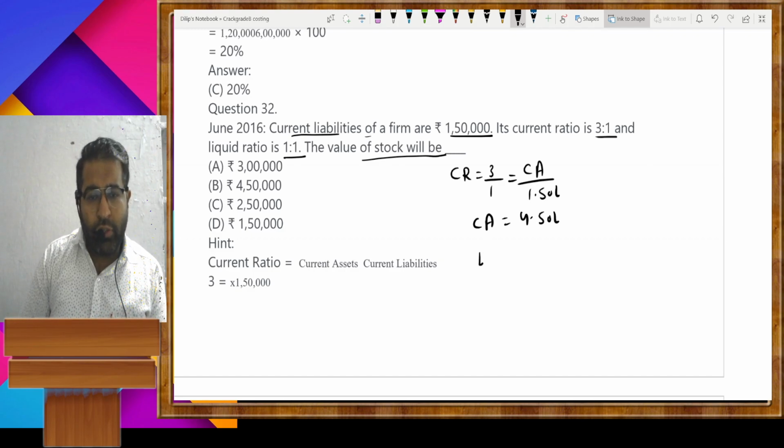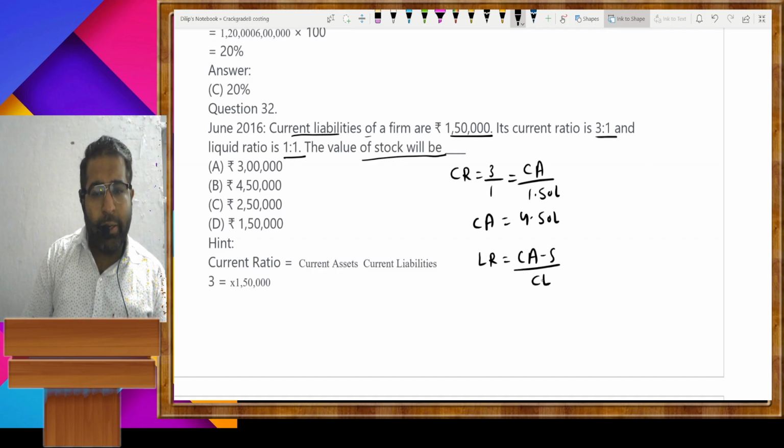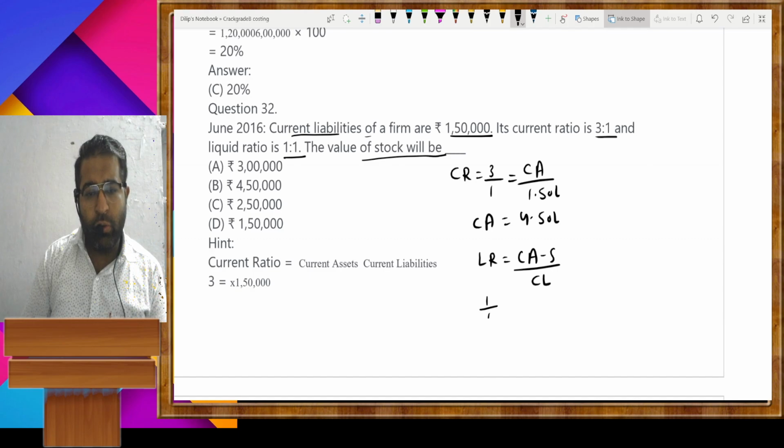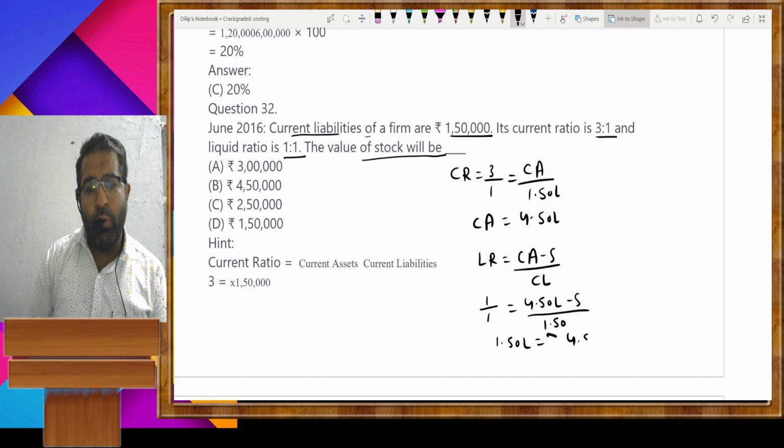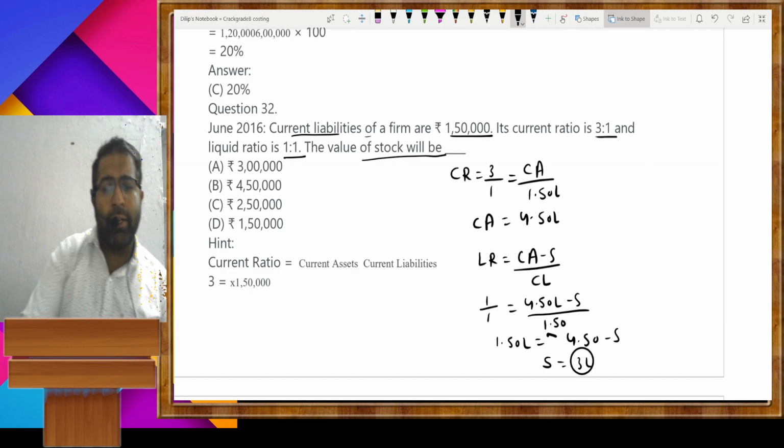Now liquid ratio is current assets minus stock divided by current liabilities. Liquid ratio 1:1, current assets 450, stock we don't know, current liabilities 150. So 1,50,000 equals 4,50,000 minus stock. So the stock value is 3 lakh.